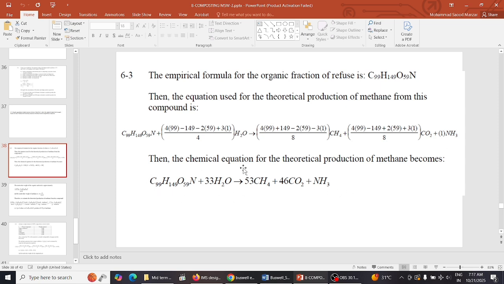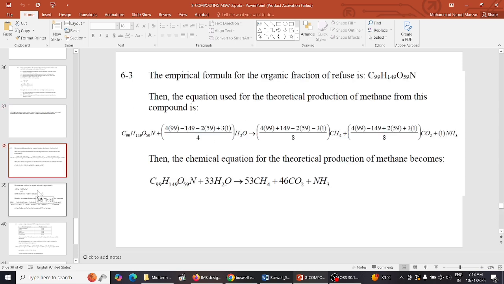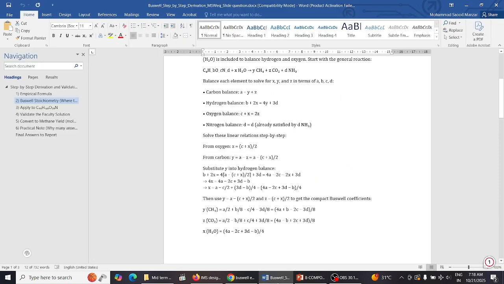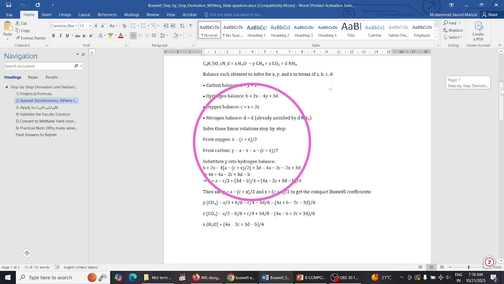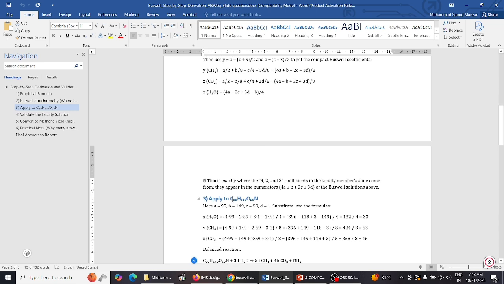Now what is important is that we have to find the theoretical production of methane. The simple step is to take the molecular weight of this compound. Carbon is 99, hydrogen is 149, so it is 12 times 99 plus 149 plus 16 times 59 plus N, which is 14.